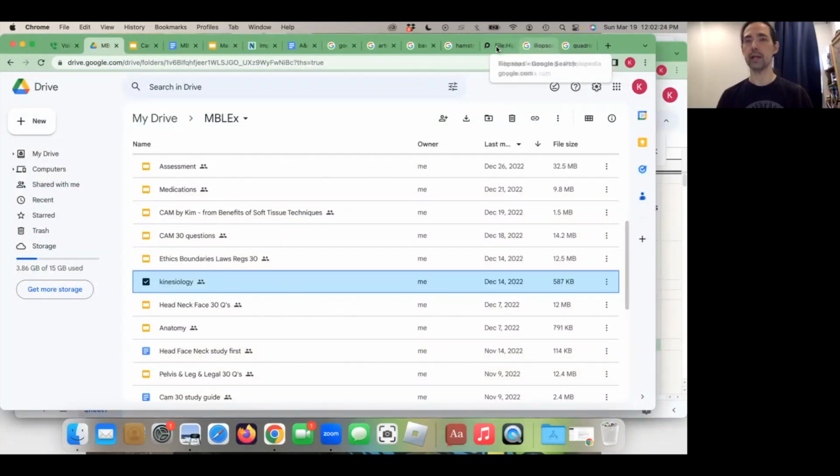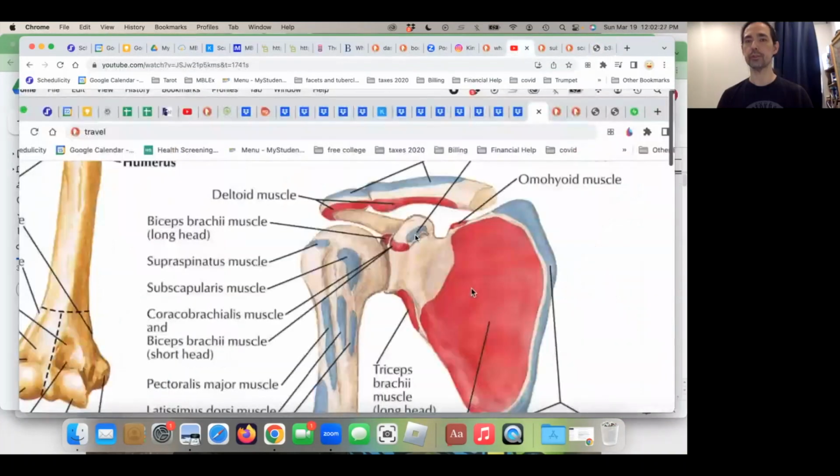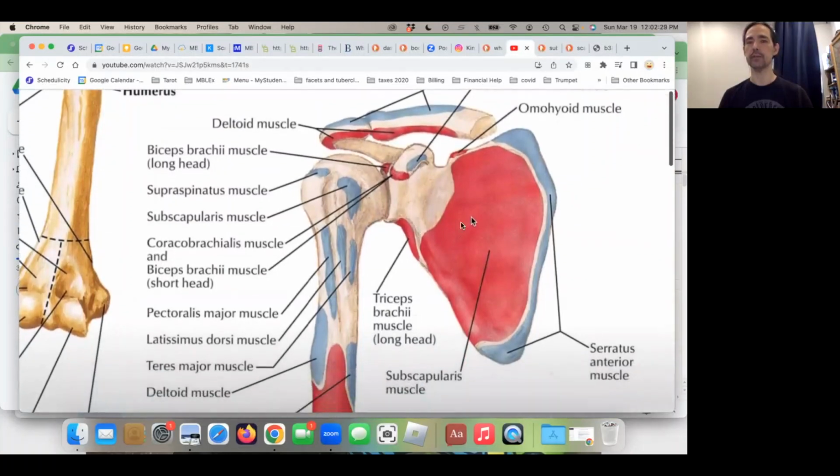So if we're looking at the shoulder, now we're oriented, right? Here's the anterior portion of the scapula, lateral border, medial border, inferior, superior, clavicle, acromion. What's the name of this joint? Acromion and clavicle.